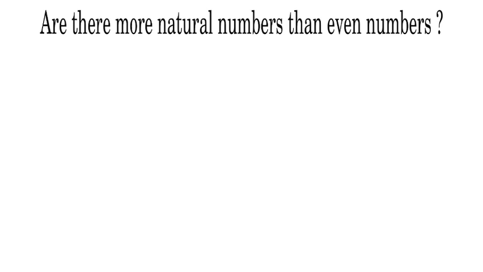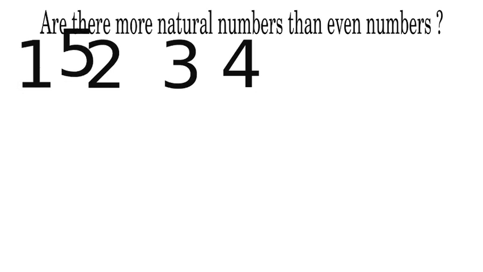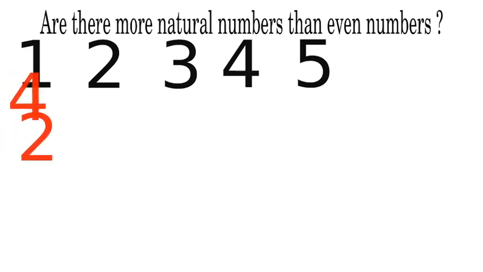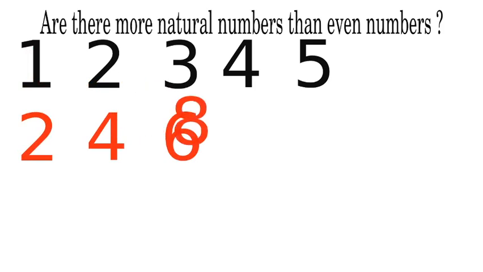But once you see this illustration, you will come to know that this is not the case. There is something to think about. Let us consider the natural numbers 1, 2, 3, 4, 5, and the list goes on. And the even numbers, let's say 2, 4, 6, 8, 10.